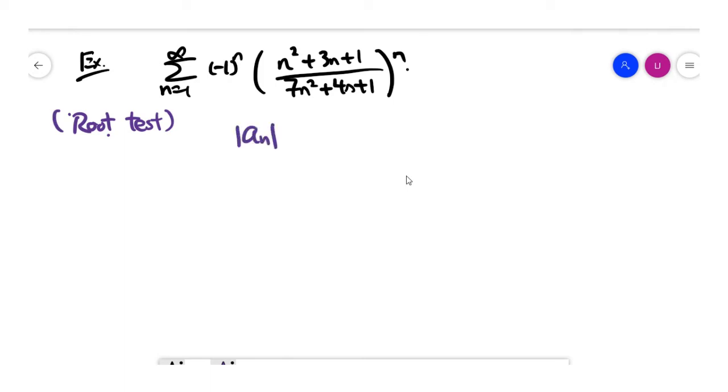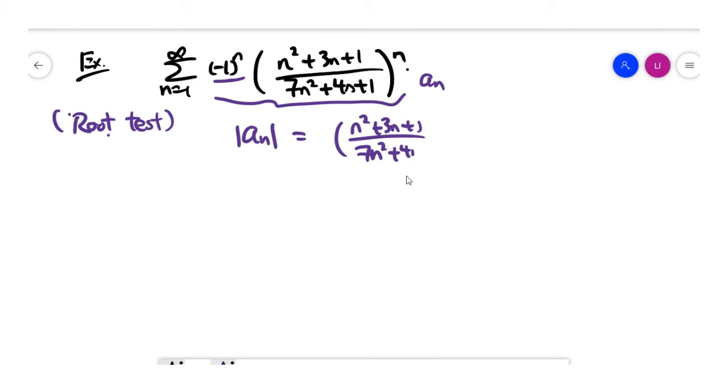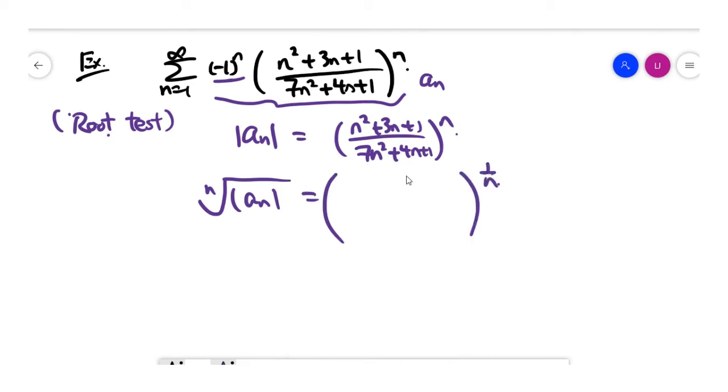First, you can look at the absolute value of the whole term here, which means I can drop the sign change term, of course. So I'll just write this term without the sign change term, right? And the nth root of it is quite clear. It essentially means the exponent 1 over n for the terms inside here. I'm just copying this term.